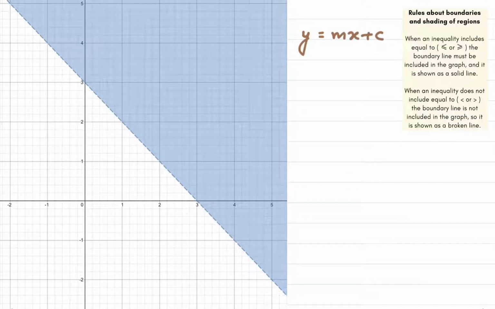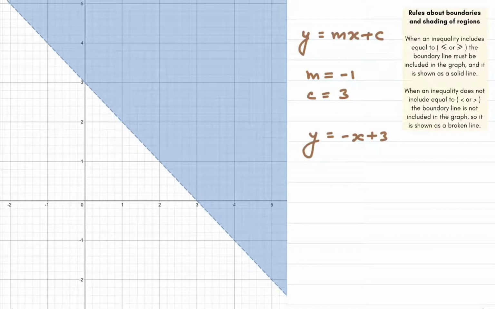Let's quickly find the gradient, or m, of this line. The gradient or slope m of this line will be negative 1, and c, which is the y-intercept, is 3.